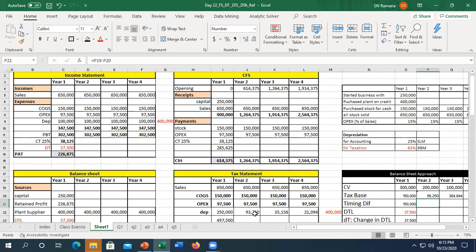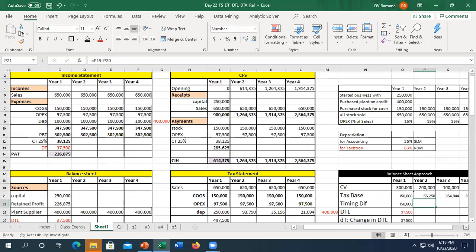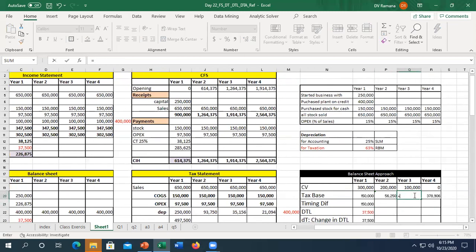Now, for the third year, it is 400,000 minus 150,000, right? Oh, that's the tax base, so we can use it directly. So tax base minus depreciation. So that is 21,000, and 21,000 minus 21,000 is 0.